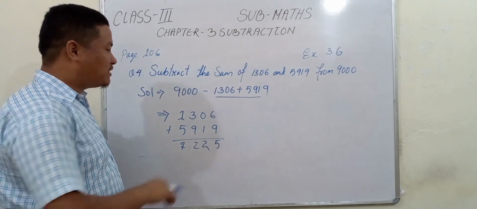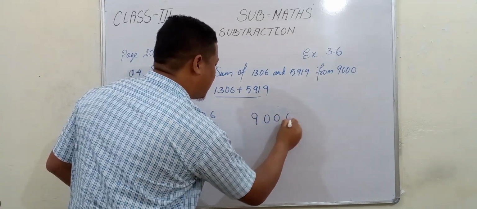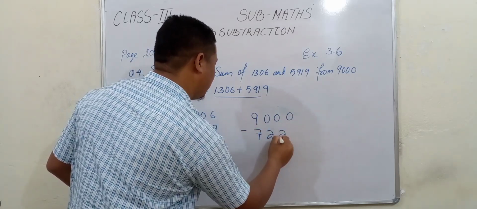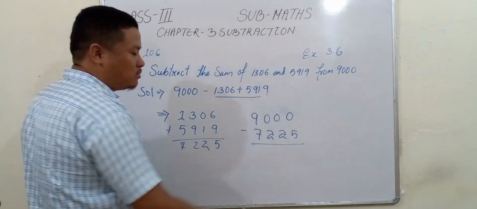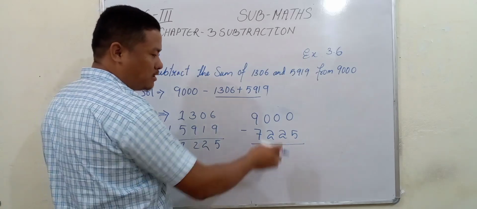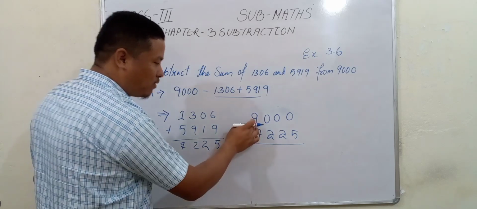Now 7,225 will subtract from 9,000. 9,000 minus 7,225. From 0, we can't minus 5, so we'll take 1 from another number. But another number also 0, so we'll start from here.